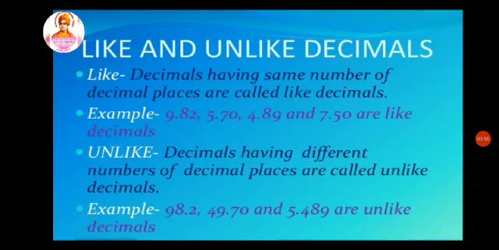In the decimal part, I have 2 decimal places. In the third number, I have 3 decimal places in the decimal part, that is 489. So we have different numbers of decimal places, and it is called unlike decimals.